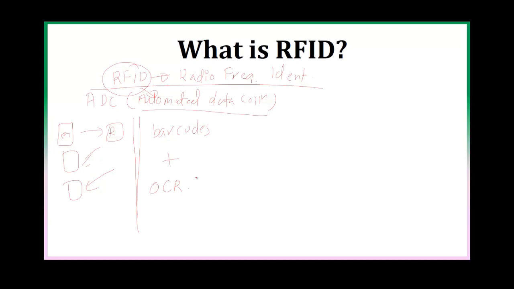Let's move on to the different system components of RFID. If I draw the system components, I would have a tag with an inbuilt antenna, which is the RFID tag.